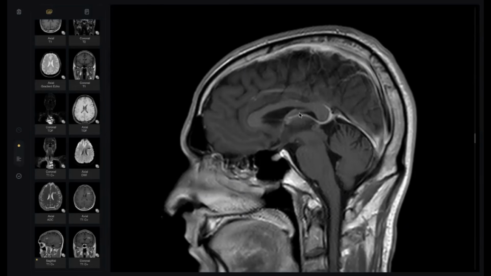But at least now you know that we have two systems, superficial and deep. The superficial ones look like the cortical veins, which drain into the dural sinuses. The deep one is the medullary, which goes perpendicular to the ventricle.